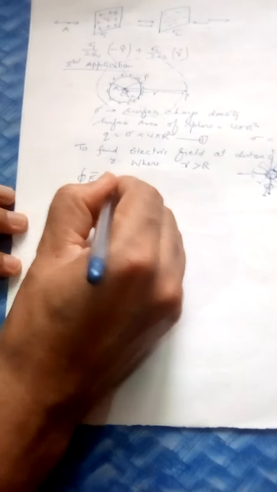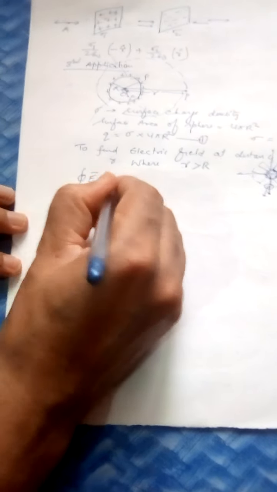E dot ds is equal to Q enclosed by epsilon naught. This is the charge distribution. What is the total charge? Sigma into this, so Q enclosed is sigma into 4 pi r square. Now what is the angle between E and ds at every point? 0 degree.